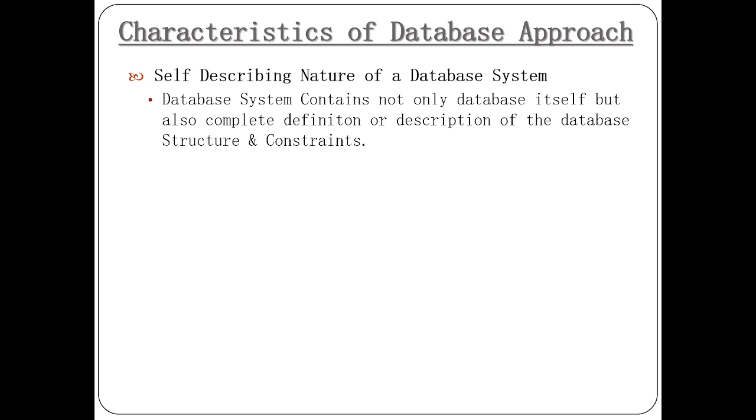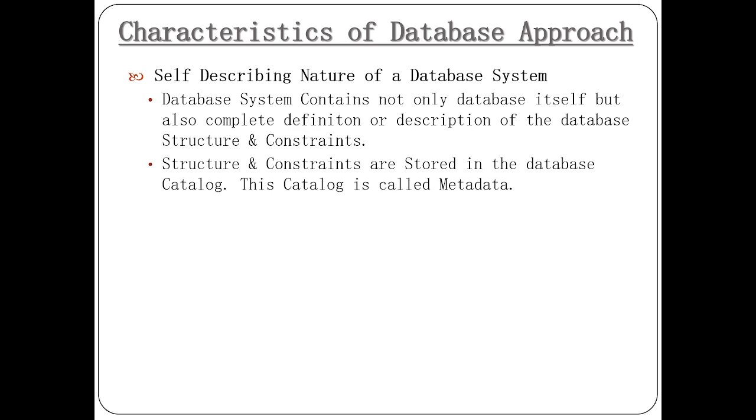These are the constraints. So the database structure and these constraints are stored in the DBMS catalog. Catalog is like a container. This DBMS catalog contains information such as the structure of each file, the storage format of each data item, and various constraints on each data.